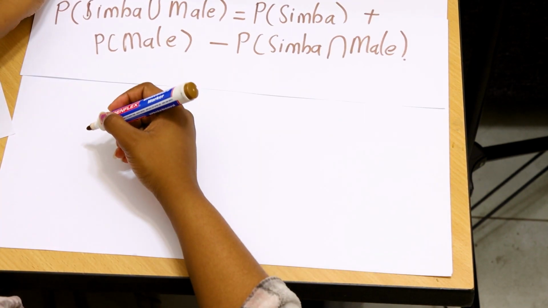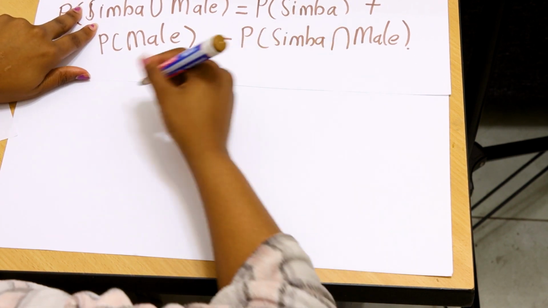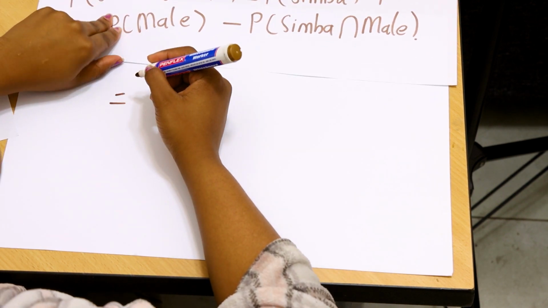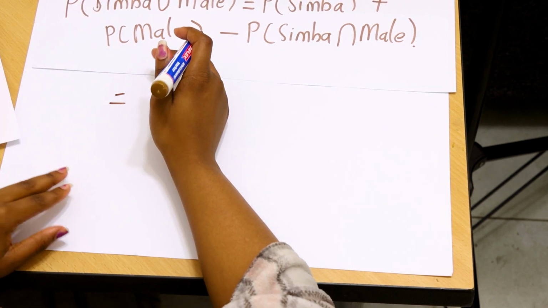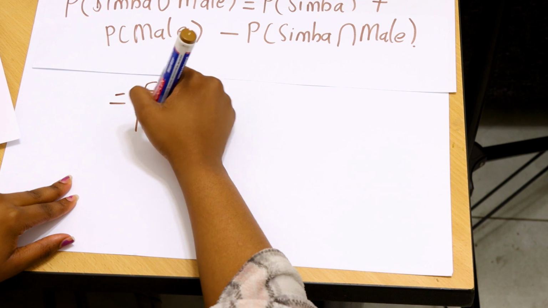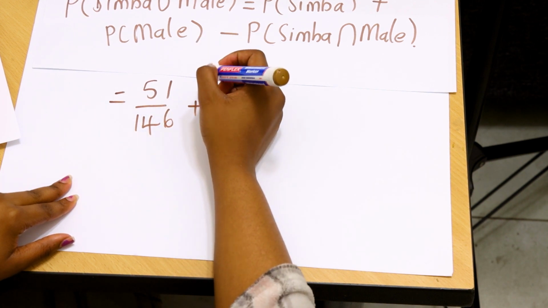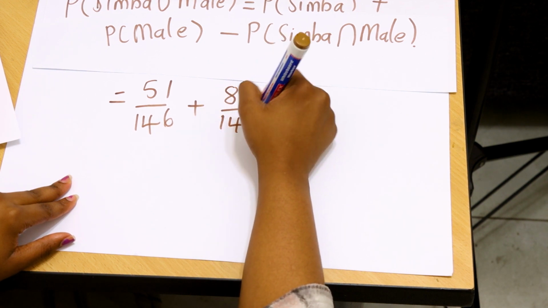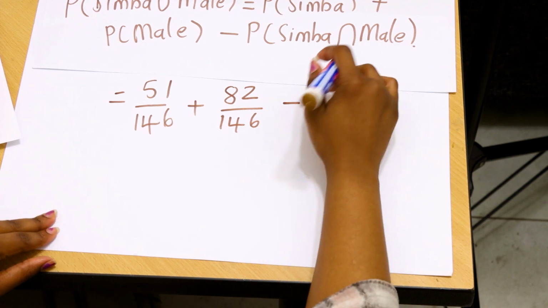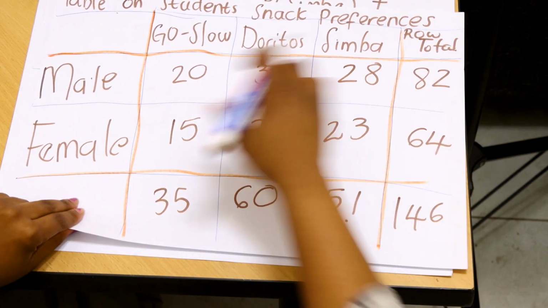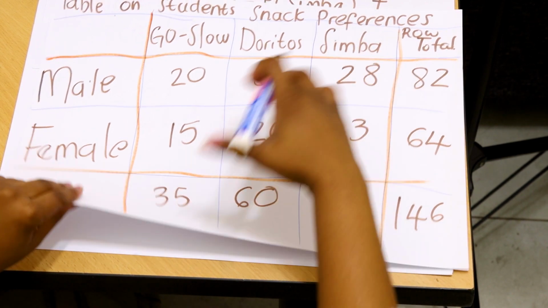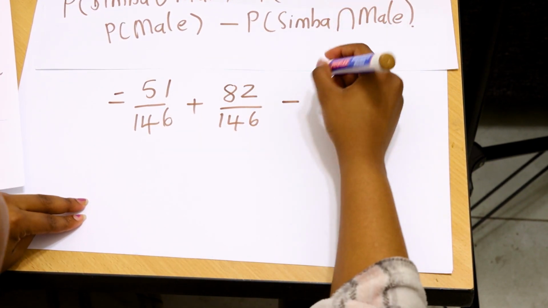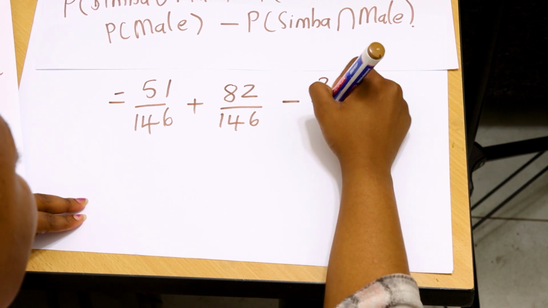Now let's proceed with what we have written here. The probability of Simba is 51 over 146, plus the probability of being male, 82 over 146, minus the intersection. The intersection is male and Simba, so the meeting cell here is 28, which is 28 over 146.